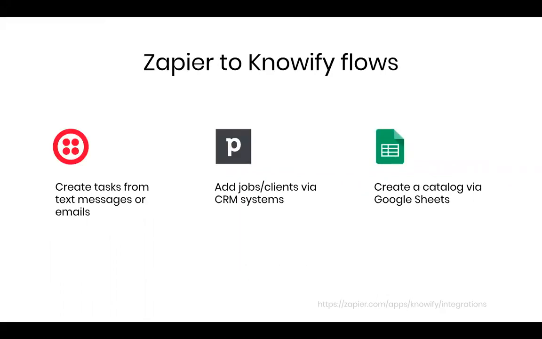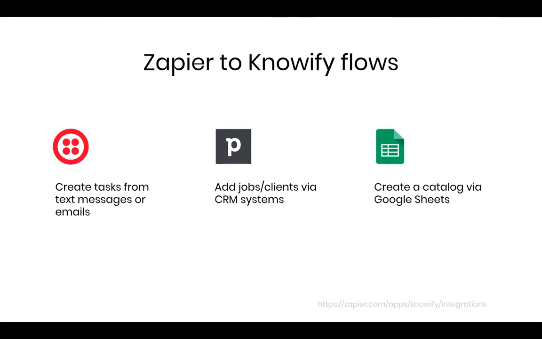Then there's also flows, and this is what TAC is going to be demonstrating for us, or speaking more of. And that's when we have Zapier triggering different actions in Knowify. For instance, if we have a CRM package like Pipedrive, you can have it automatically create new jobs in Knowify or create new clients in Knowify when, let's say, a deal gets to a certain stage.